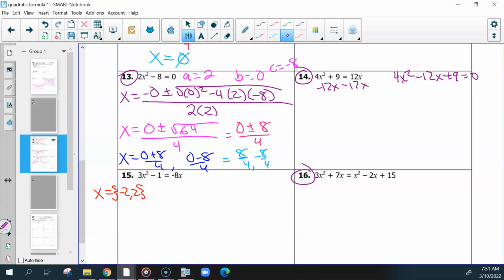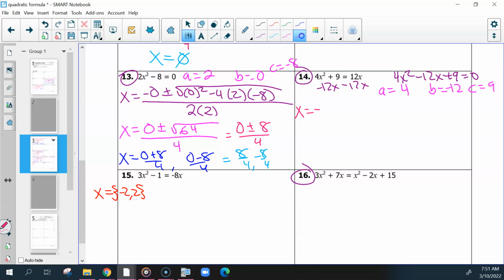And then list out your A, B, and C values, which are what? 4, negative 12, and 9. Then put those numbers into your formula.